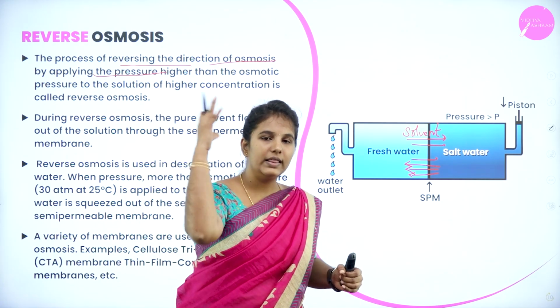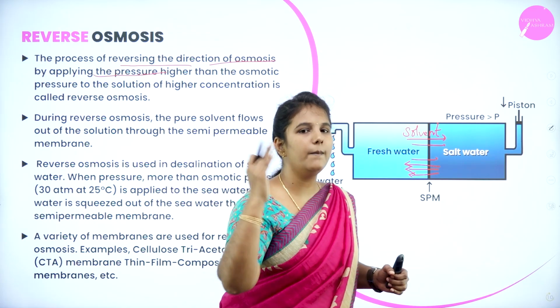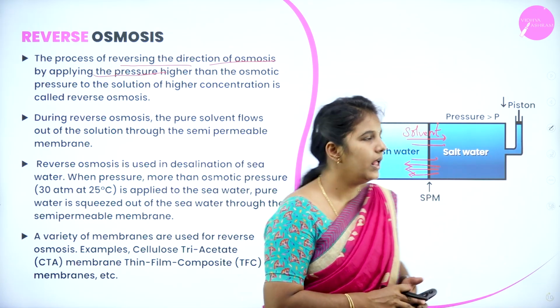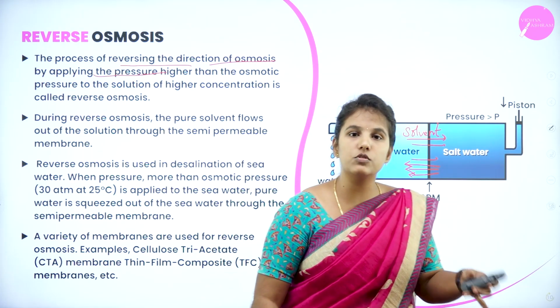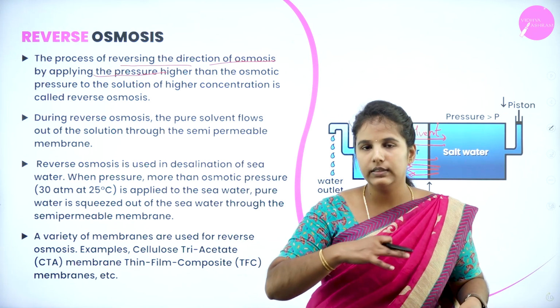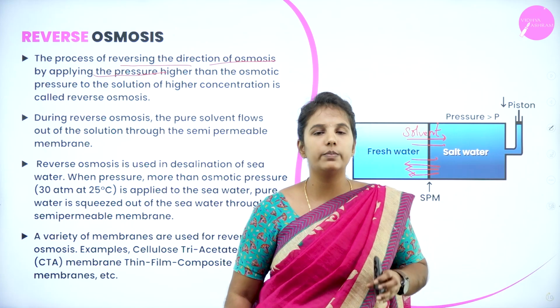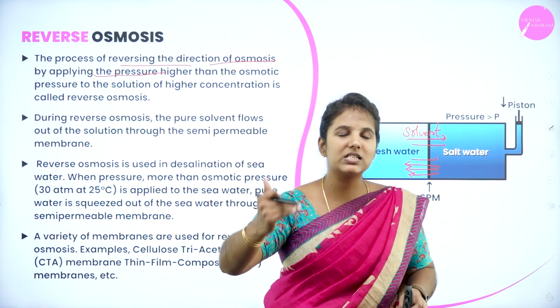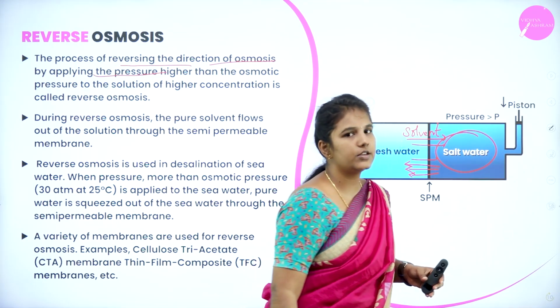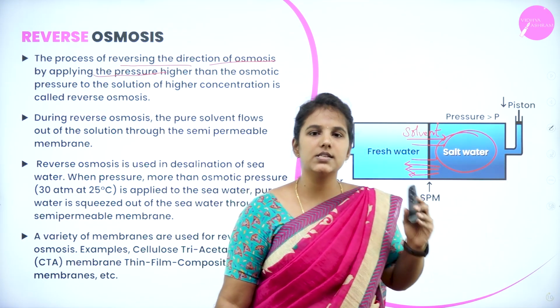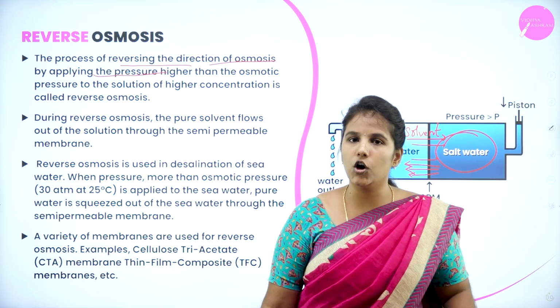For this, they will apply extra pressure so that reverse osmosis takes place. The reverse direction of osmosis takes place because of the extra pressure applied on the high concentration solution. Hence, it is said to be reverse osmosis.